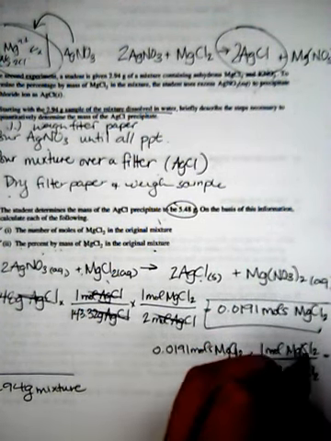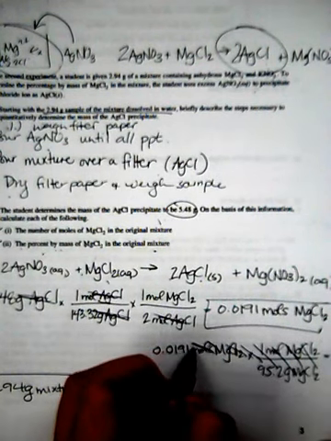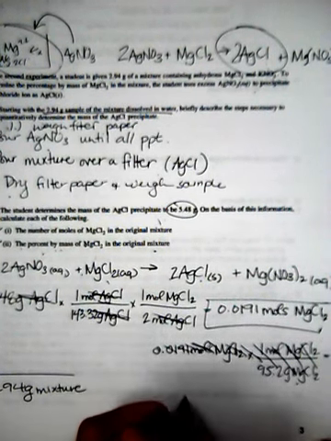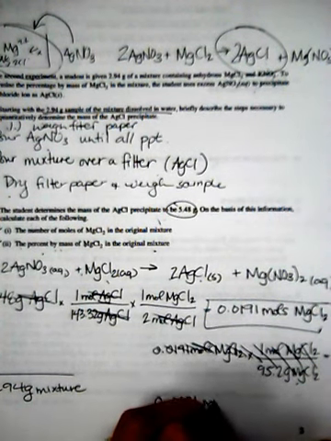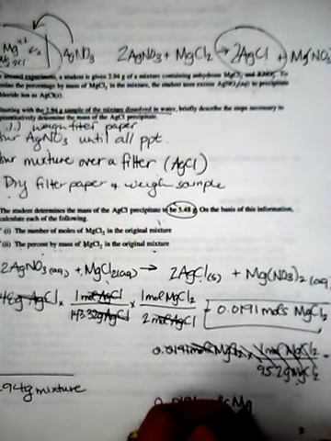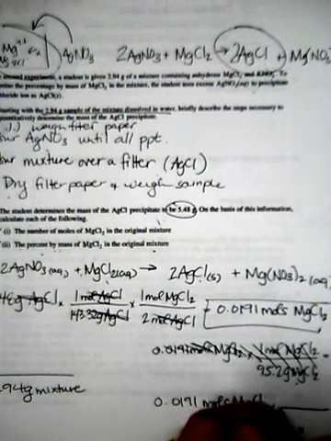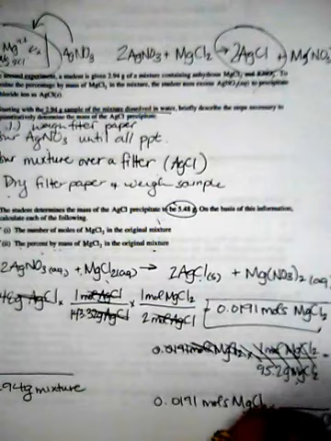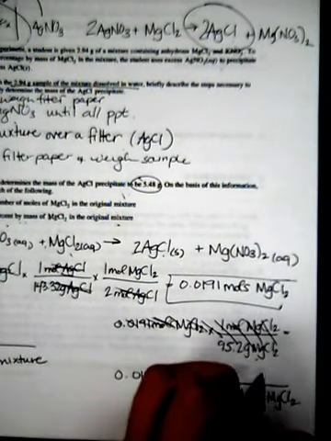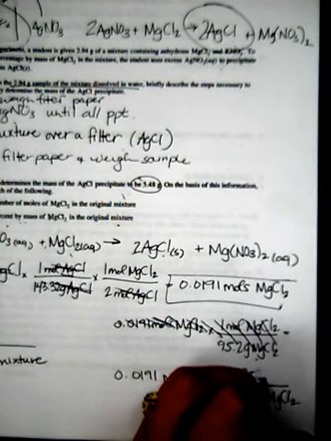Oops, made a mistake. Didn't cancel. Okay, let's try this again. 0.0191 moles of magnesium chloride. For every 1 mole of magnesium chloride, it weighs 95.2 grams.